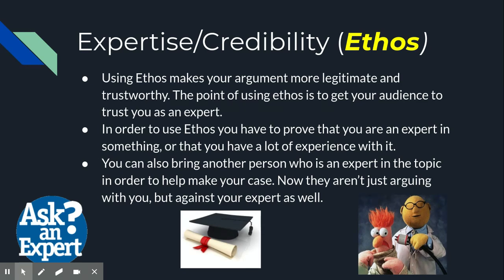Now, in order to use ethos properly, you have to prove that you are an expert or that you have a lot of expertise and a lot of experience with what you're talking about. Another way that ethos comes about is when you bring someone else into your argument who agrees with you, who is an expert.